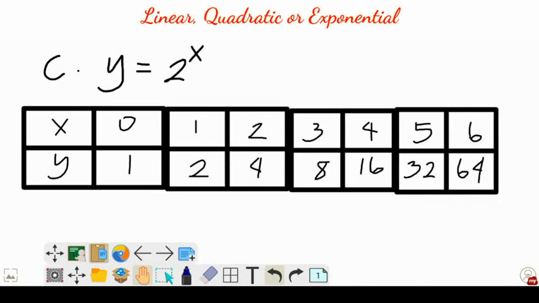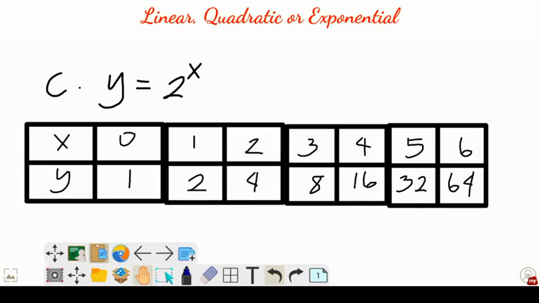So balik tayo sa ating example. So i-determine natin kung anong klaseng function itong nakikita nyong y equals 2 raised to x. So you have seen the behavior of the values of y in the two functions for equal difference in x. Now it is time for you to study the behavior of values of y for equal difference in x in this third function.